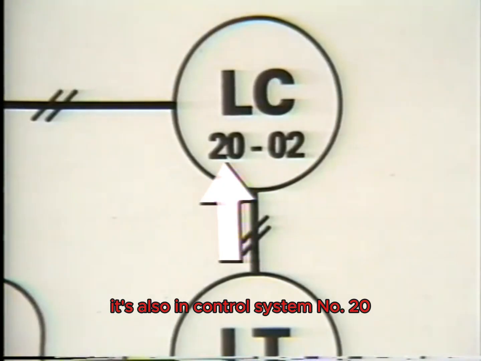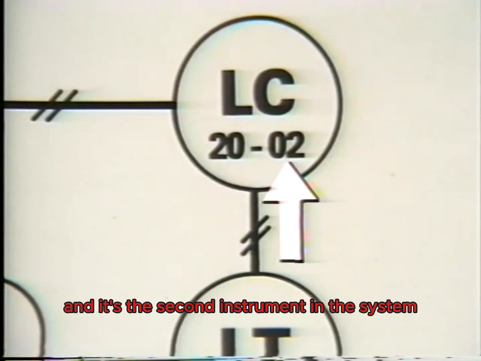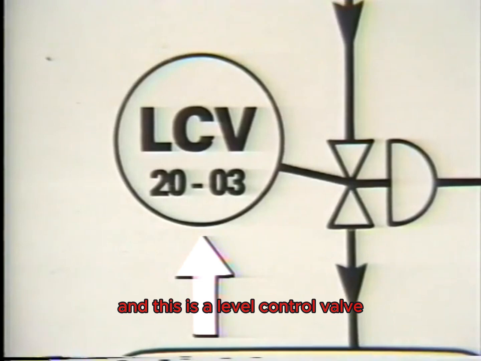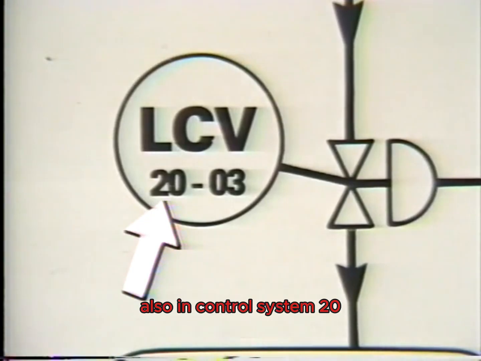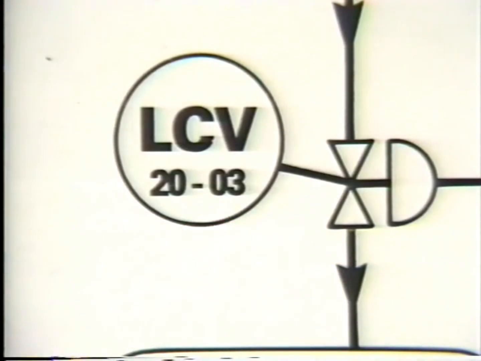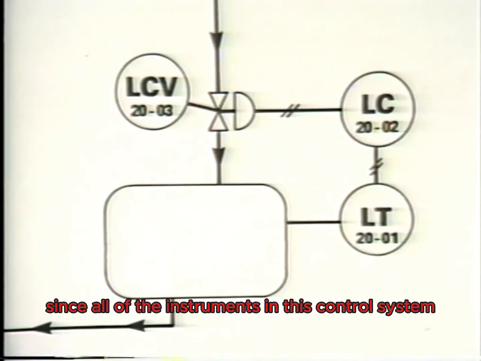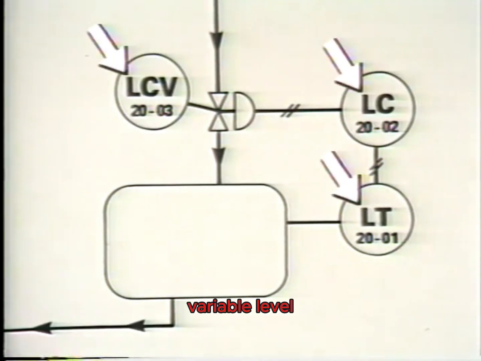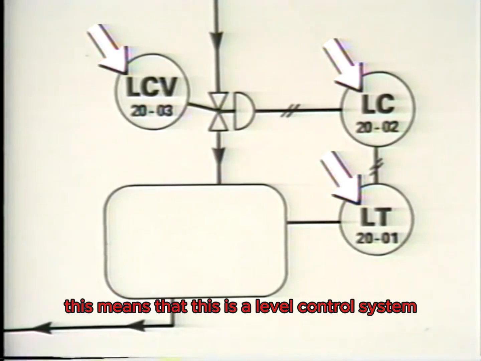It's also in control system number 20, and it's the second instrument in the system. And this is a level control valve, also in control system 20, and the third instrument in the control system. Since all of the instruments in this control system perform functions for the same process variable, level, this means that this is a level control system.